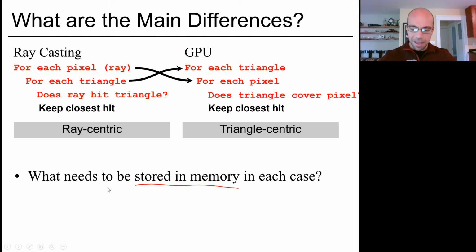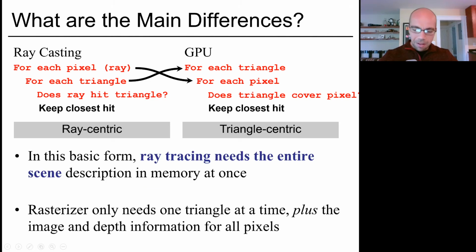So if we step back 10 feet, think about it for a minute, what we'll see is that ray tracing needs to store the entire scene description in memory at once, whereas the rasterizer only needs one triangle at a time, but it does need to store the image and depth information for all the pixels. Remember that the image here is like the color, and the depth is this Z buffer object.